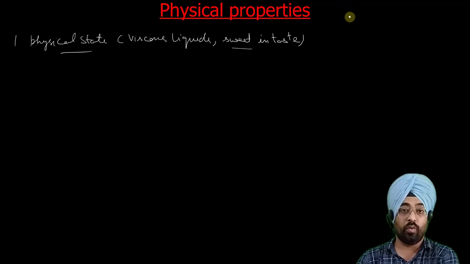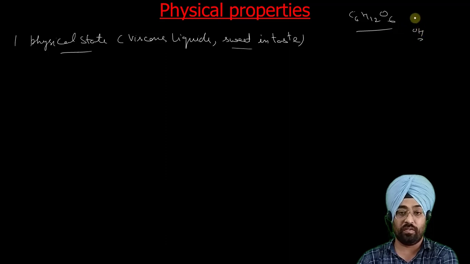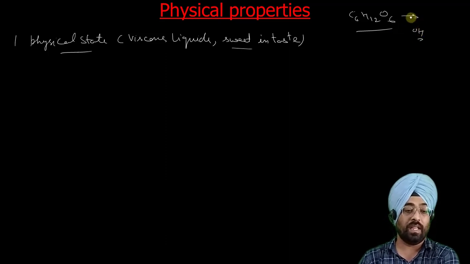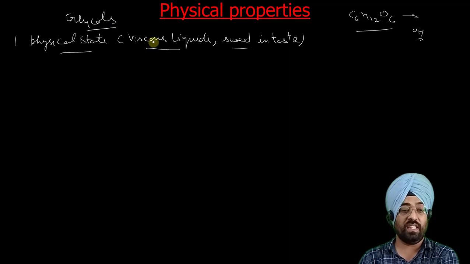Even glucose, which is C6H12O6, a polyol that also contains OH groups, is sweet. These glycols are viscous liquids, sweet in taste, and viscous like honey.